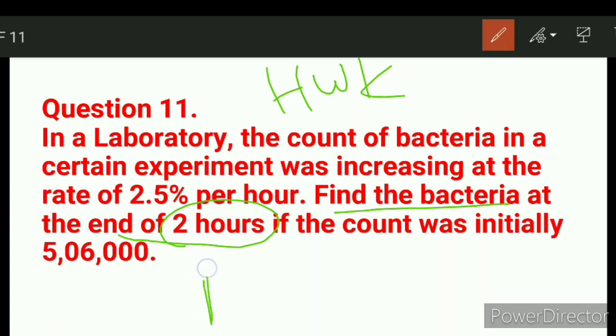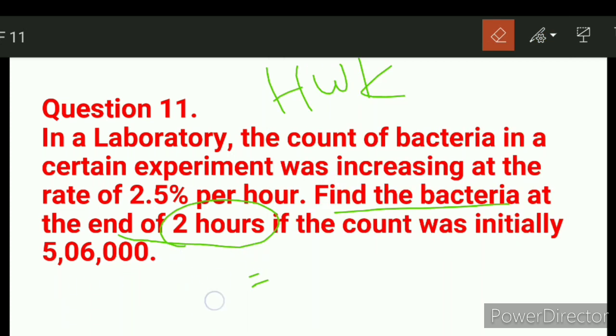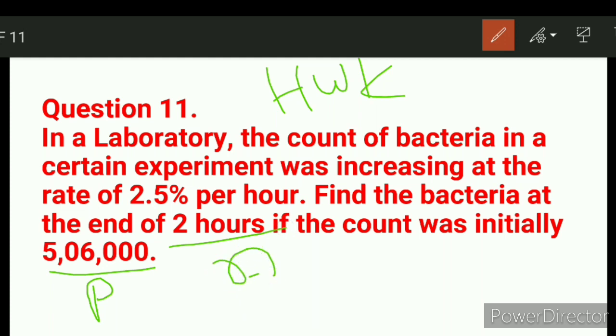Principal is 5 lakh 6,000, 2 hours is n, that is time, and this is the rate.